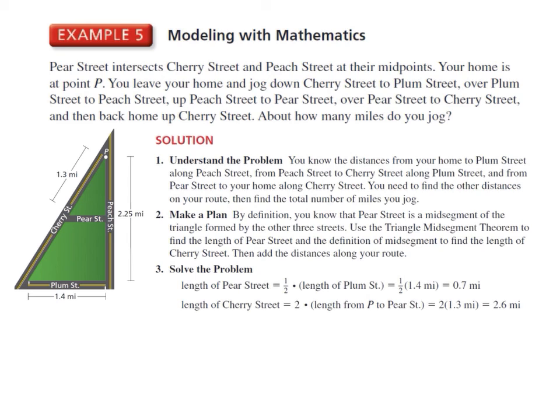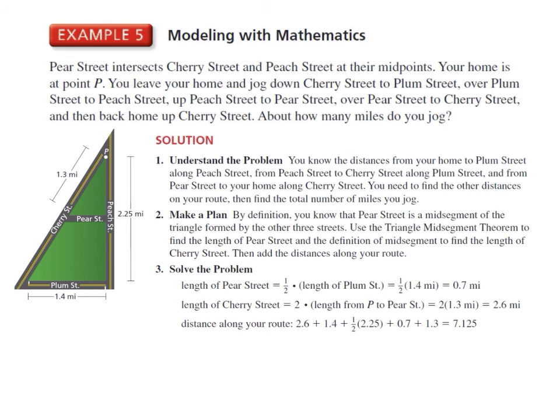Second, we can figure out the length of Cherry Street, because Pear Street hits Cherry at the midpoint, which makes this other part of Cherry Street that's unknown the same length as what is known, which is 1.3. So we take twice that length and we get 2.6 miles for the full length of Cherry Street.